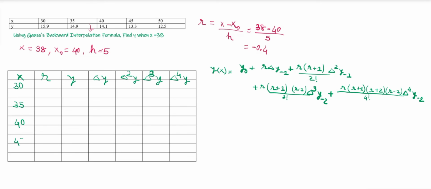And now, as our value that we need to find, which is 38, lies between 35 and 40. So what we'll do here, where you see this 35 value, there you will write the r value as minus 1. The y values will be same as given in the table.